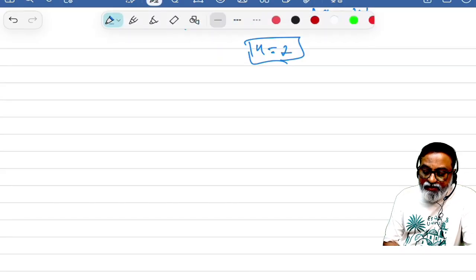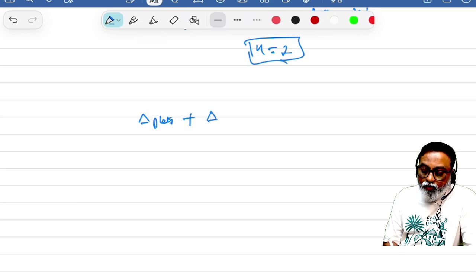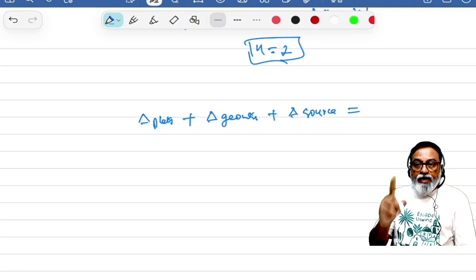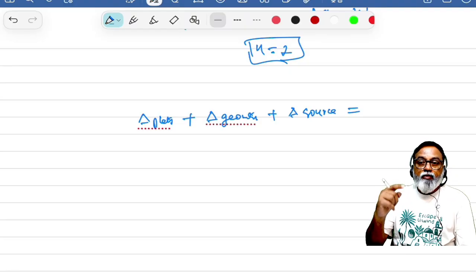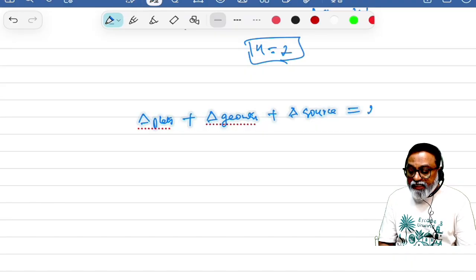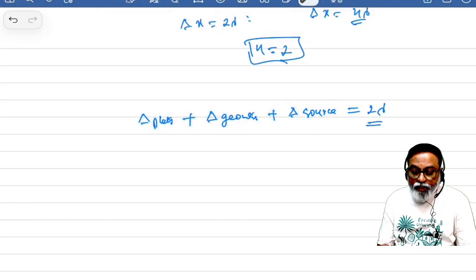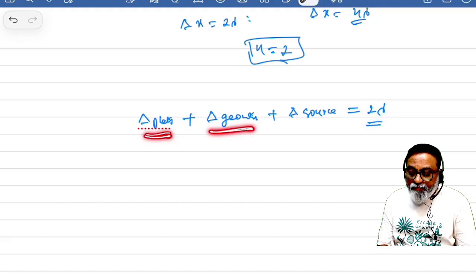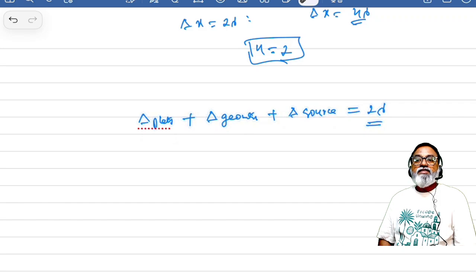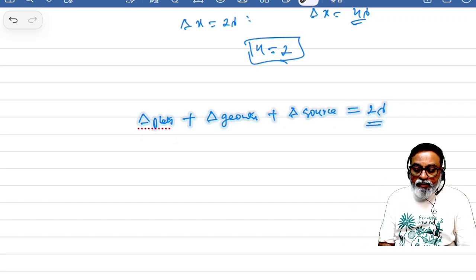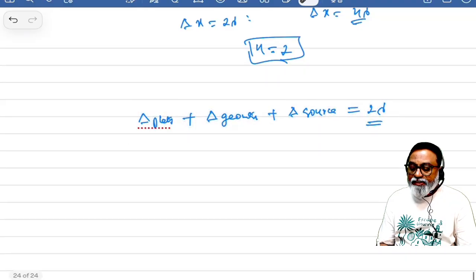The total path difference is one due to plates, plus one due to geometry, plus one due to source. For the second order bright fringe, the position shifts, but the path difference is the same, 2 lambda. This 2 lambda is only due to the plates. Therefore, the path difference due to geometry and the source cancel each other, meaning they are in opposite directions and equal in magnitude.